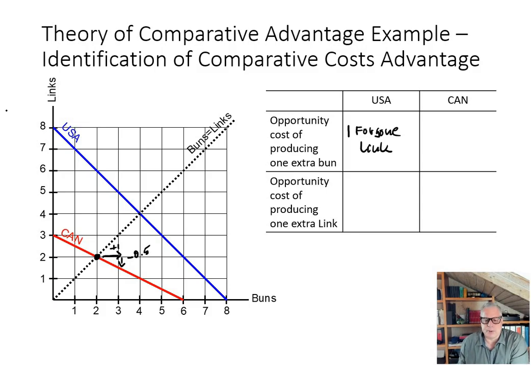So, and again, we can do that here. So if we go 1 to the right, we always have to give up half a link. So the opportunity cost of producing 1 extra bun is 0.5 foregone link.